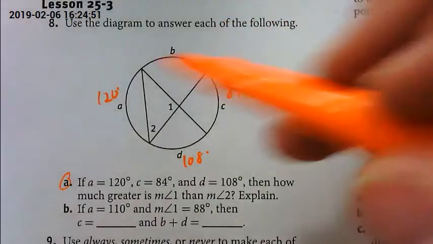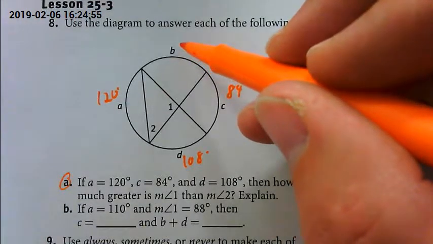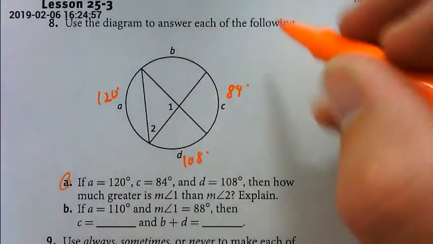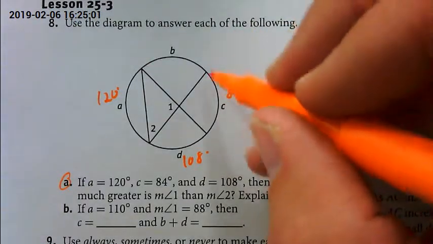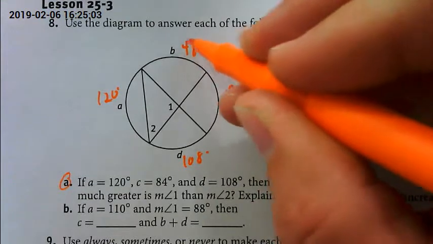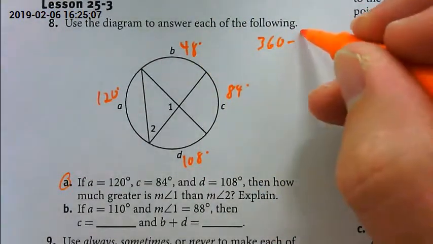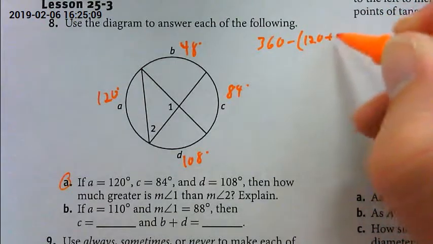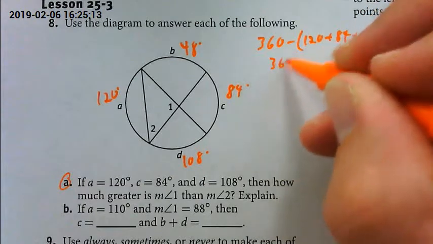312? All right, so we get 312. We got to subtract that from 360 to get the remaining piece. So 360 minus 312 is 48. So this piece up here is 48. Again, we did 360 minus all of those values added together, which you guys told me was 312.